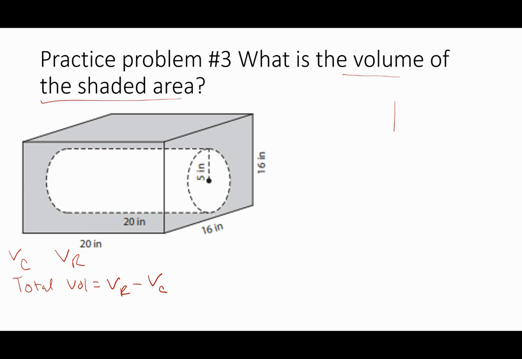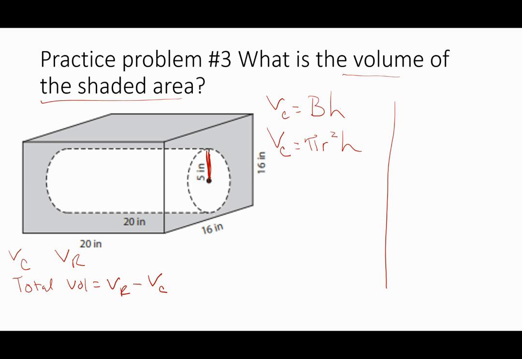The volume of the cylinder first. We have the area of the base times the height. So the area of the base times height. The volume of the cylinder, the area of the base is pi r squared times the height. So in here it tells us very clearly that this is 5.